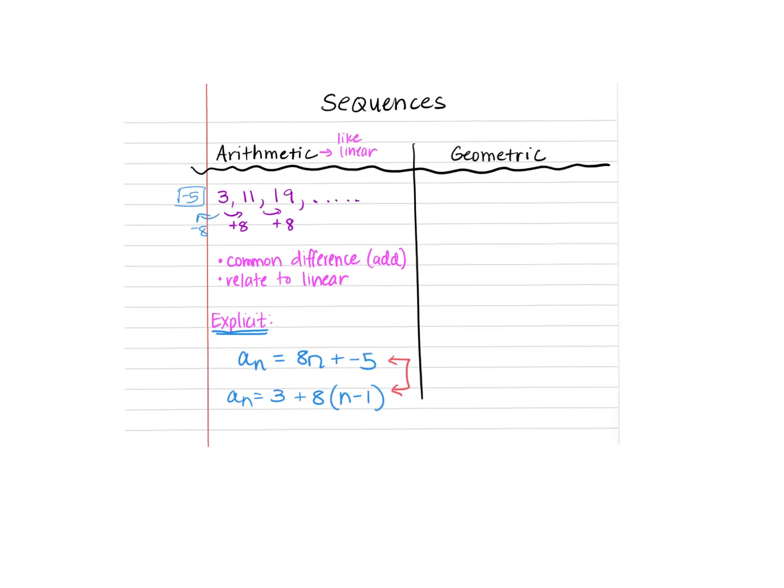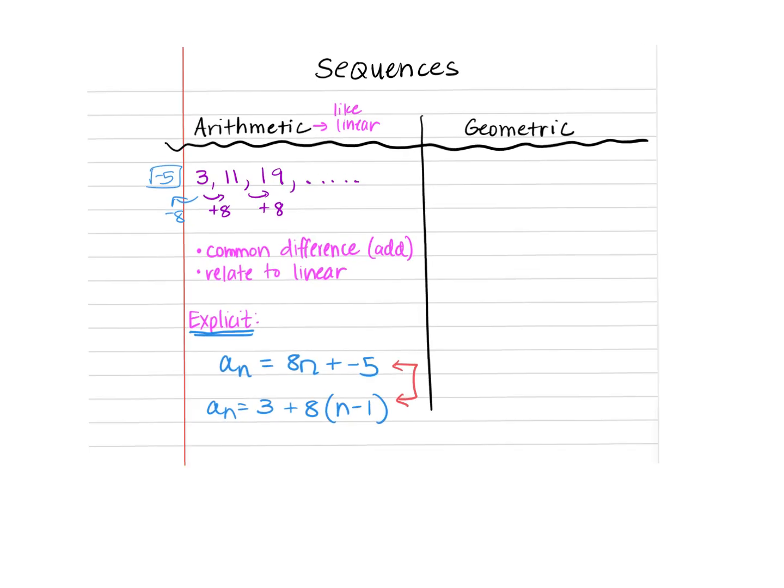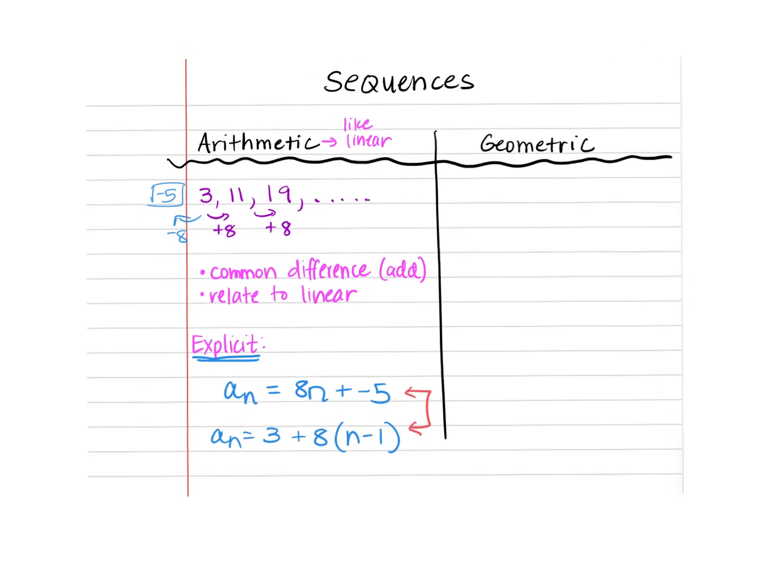So if you want to put a couple little notes underneath, this is the first term, so if you're wondering where to get it, this is the common difference. And then n is whatever term number you're trying to find. If you're trying to find the third term, plug in a 3 there. If you're trying to find the fourth term, plug in a 4 there. All right, so make sure you get that copied down for the explicit rule.